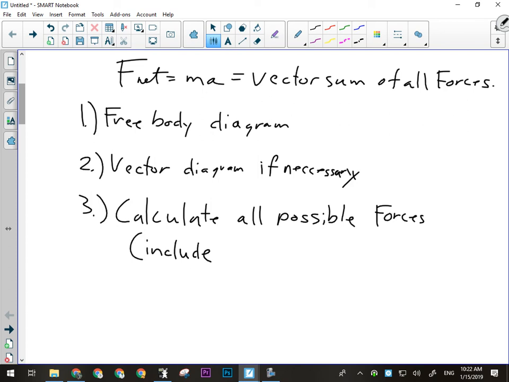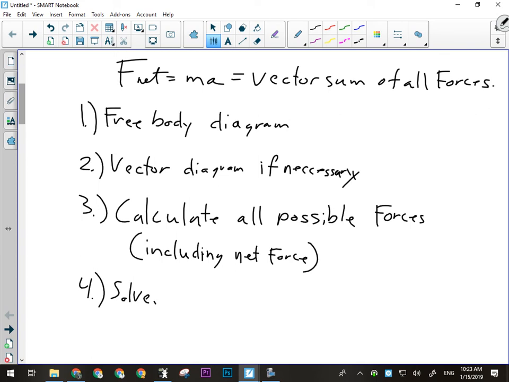Sometimes net force was one of the forces that you could actually calculate given the data you had and you were looking for one of the other forces. And then the last thing was to solve. Effectively, all Newton's second law problems, no matter how involved they were, came down to those 4 steps.